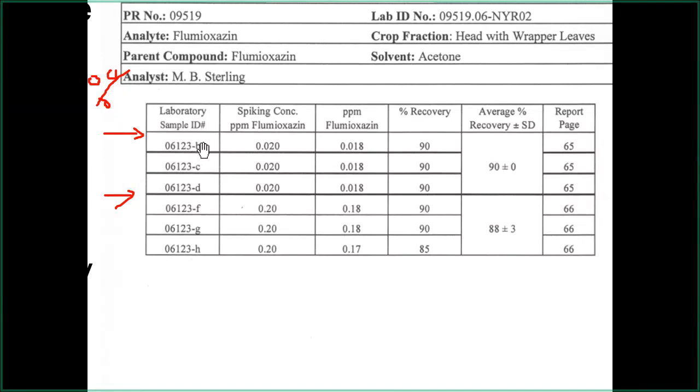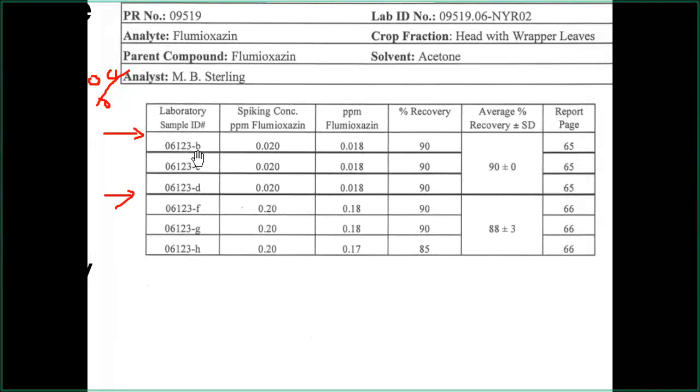Okay, you see this. If you look on the screen, we have sample 6123, A, B, C, D. Those are 3 separate samples, 3 separate extractions. When you do the extraction, you have this sample spike. The sample name is 6123.